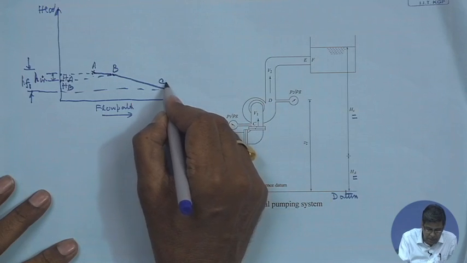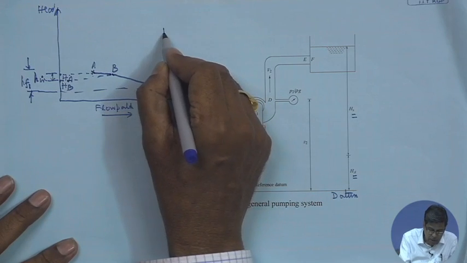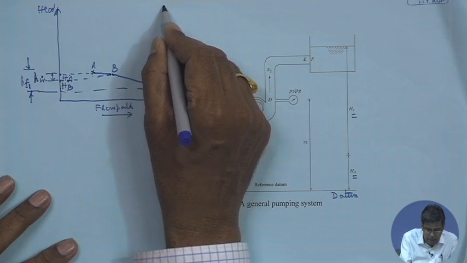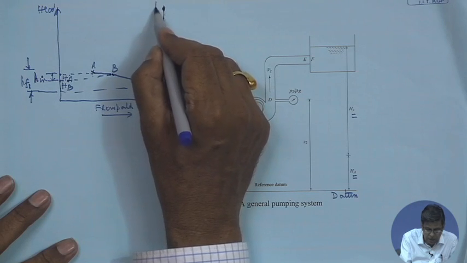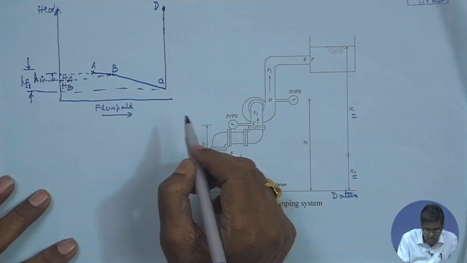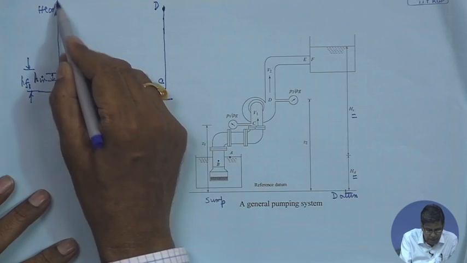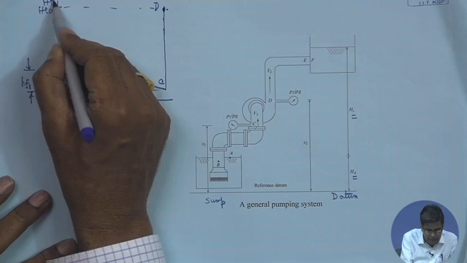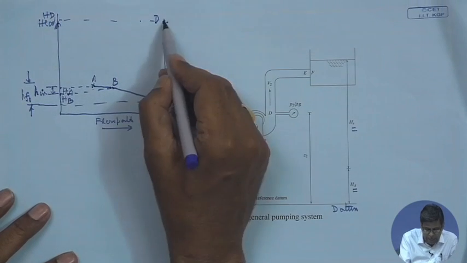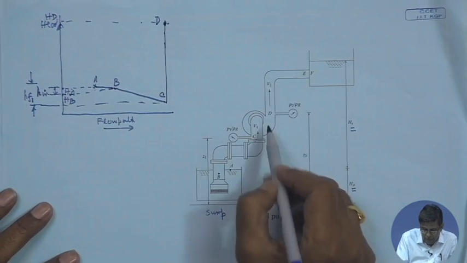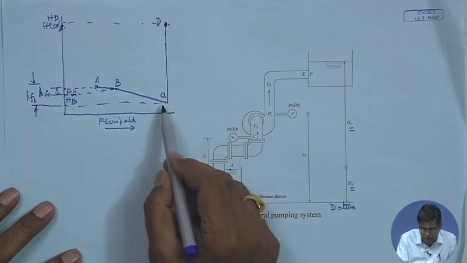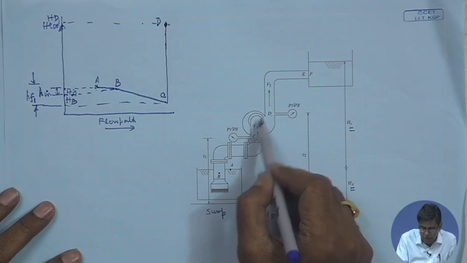From C we draw a curve like this, which goes to D. This point D is our HD. At D the fluid comes at a very high head, high energy per unit weight, because of the head given to the fluid by the pump.